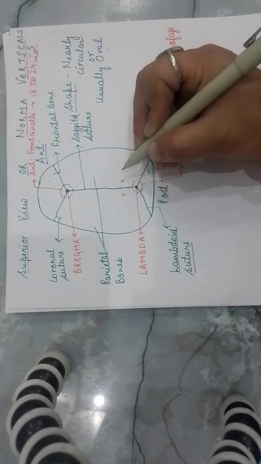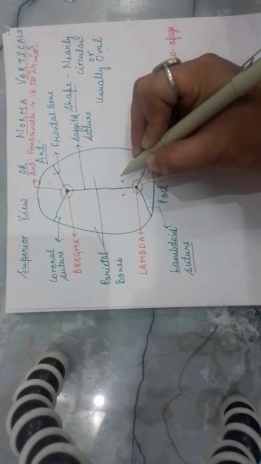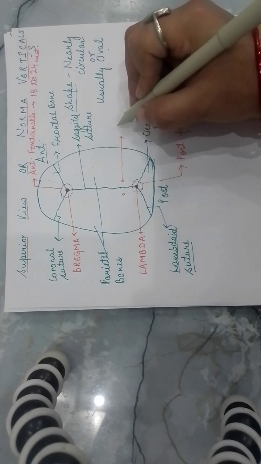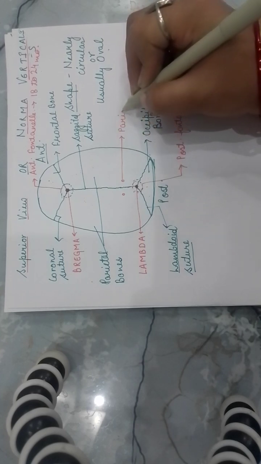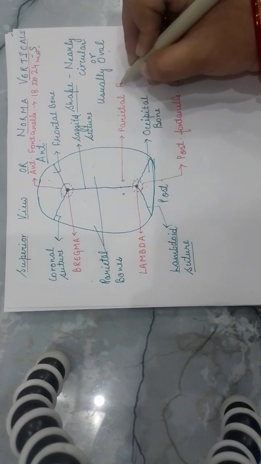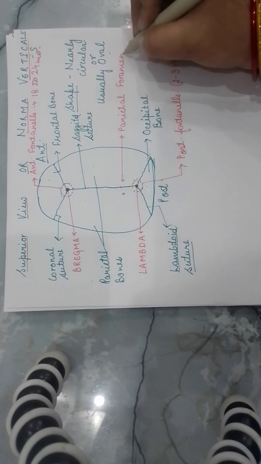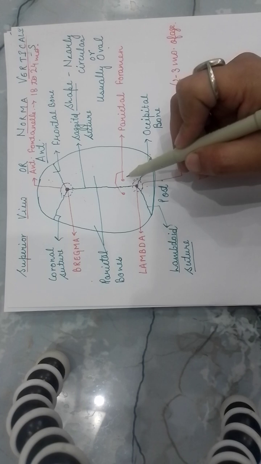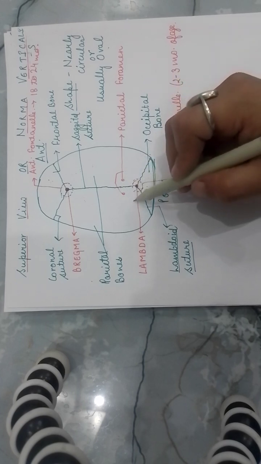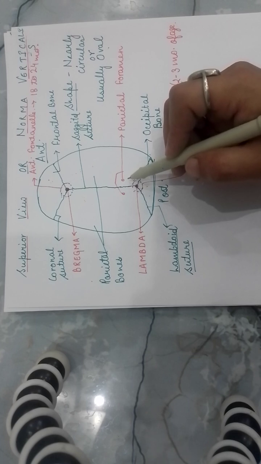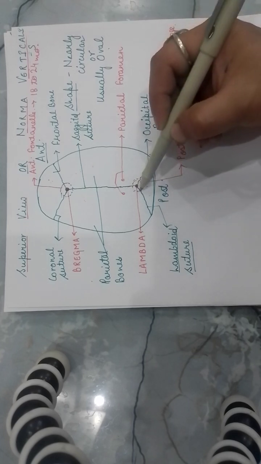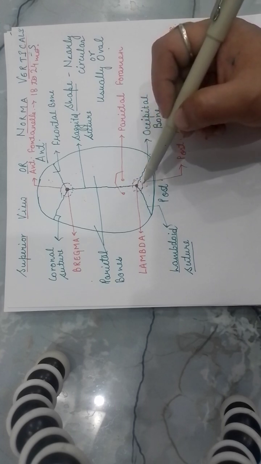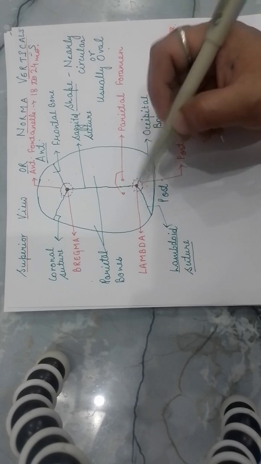These two are your parietal foramens, one on each side, and they pierce the parietal bone near its upper border, 2.5 to 4 centimeters above the lambda, in front of the lambdoid suture.